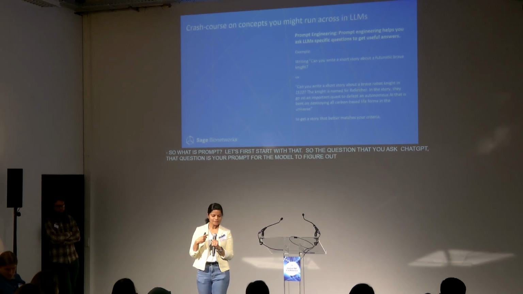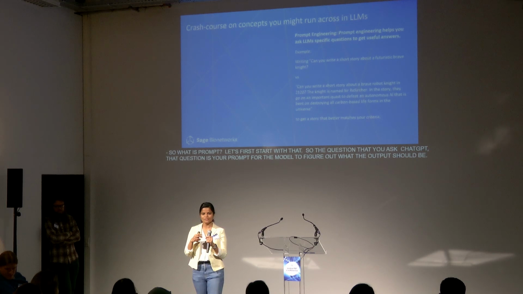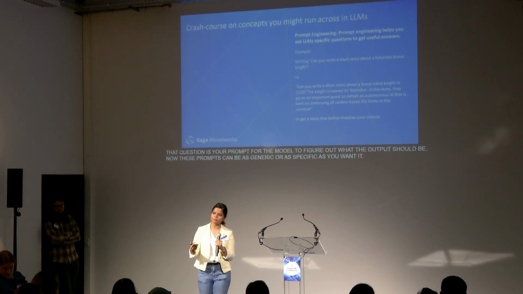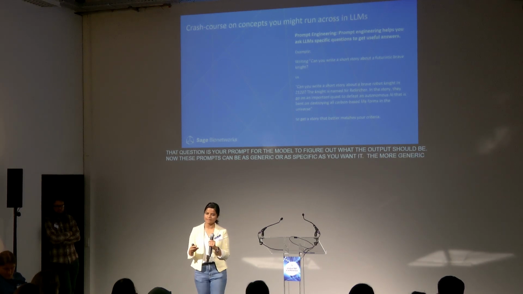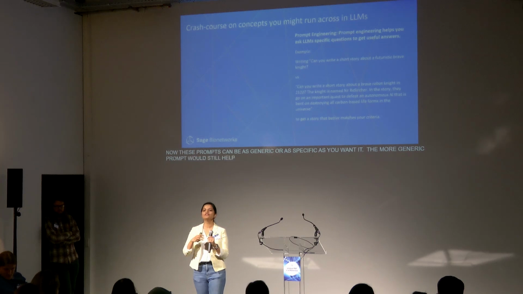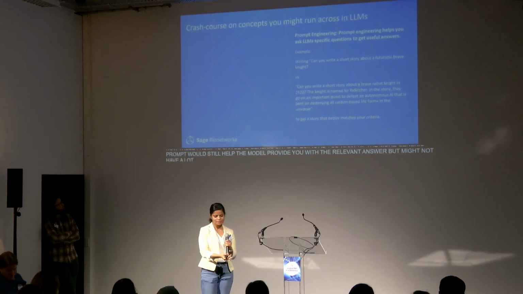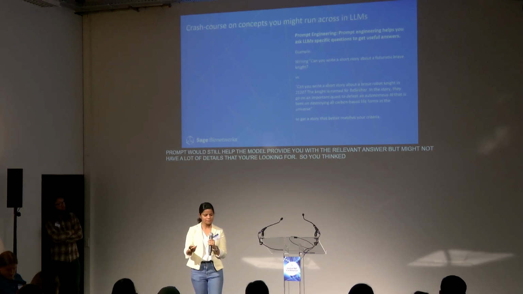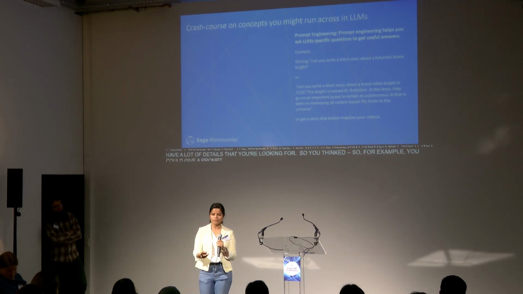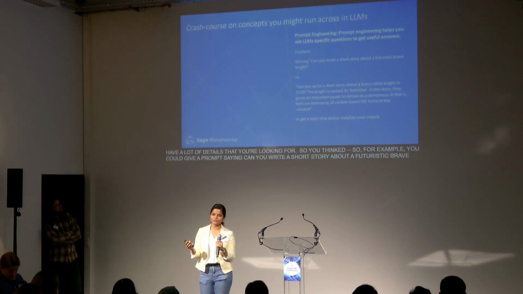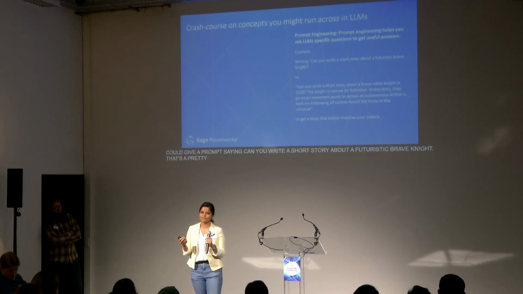Now, these prompts can be as generic or as specific as you want. A more generic prompt would still help the model provide you with a relevant answer, but it might not have a lot of the details that you're looking for. For example, you could give a prompt saying, can you write a short story about a futuristic brave knight? That's a pretty good prompt, but it's a pretty general one. So it will give you a story, but it might not be exactly what you're looking for.